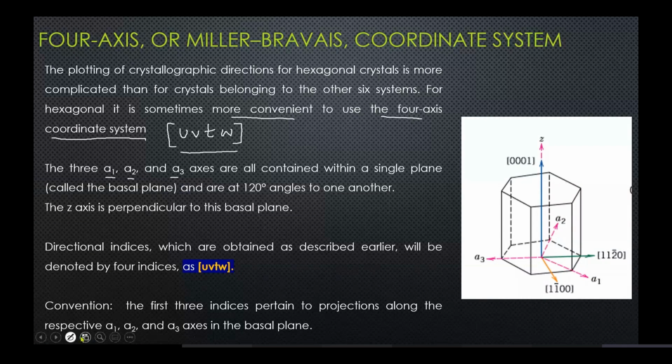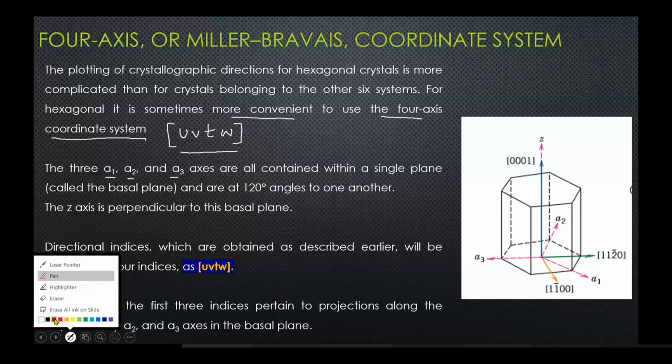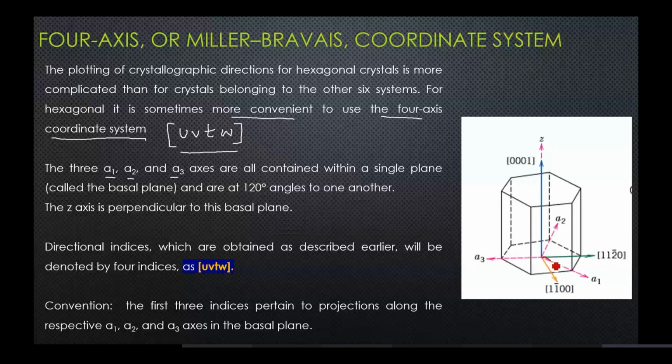A1 is essentially positive direction of this axis. A2 is positive direction over here. A3 is positive direction over here. And this is the Z direction. So you have 4 indices U, V, T, and W, and they are representing movement along A1, movement along A2, movement along A3, and movement along Z axis. Clear enough?